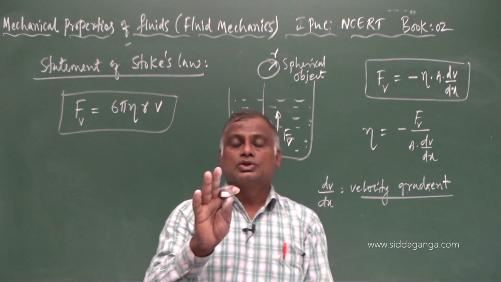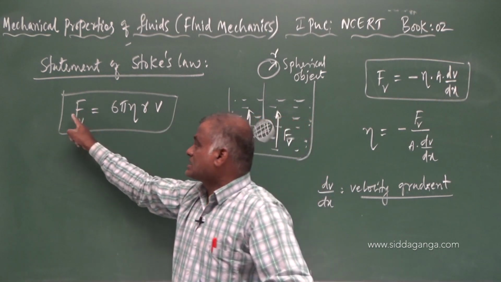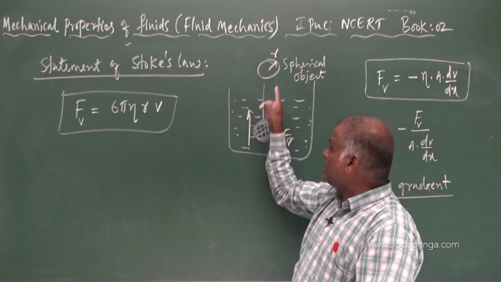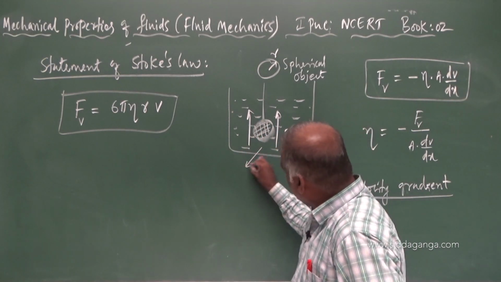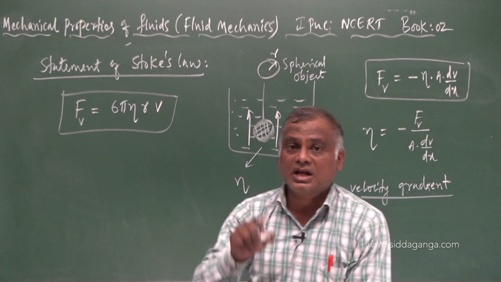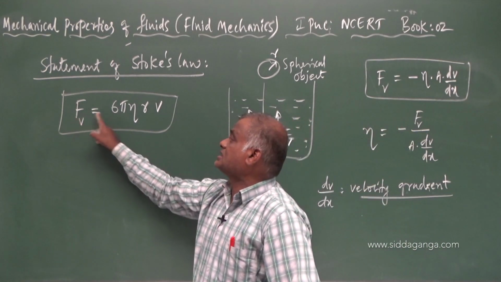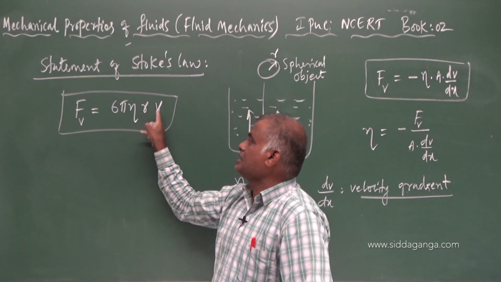What is Stokes law? A viscous force on a spherical object when dropped in a liquid of coefficient of viscosity eta is given by 6 pi eta r into v.